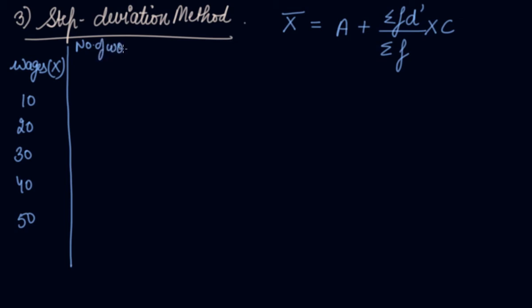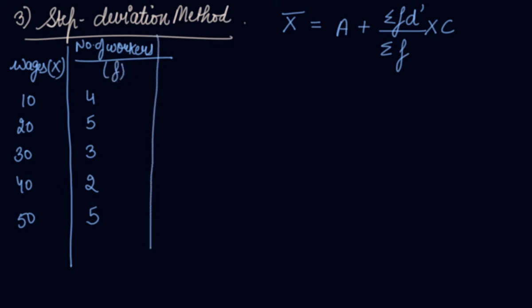Number of workers were 4, 5, 3, 2 and 5, right? So this is the frequency. The first step is the same as the deviation method or the shortcut method. We'll take the assumed mean as 30.